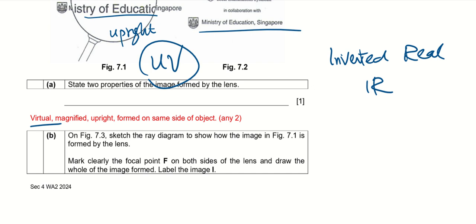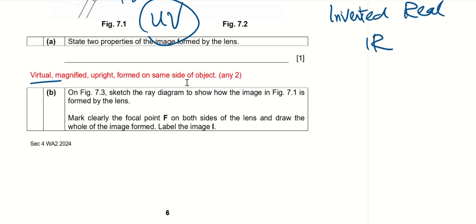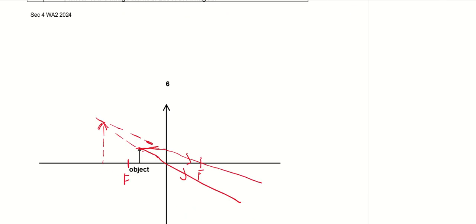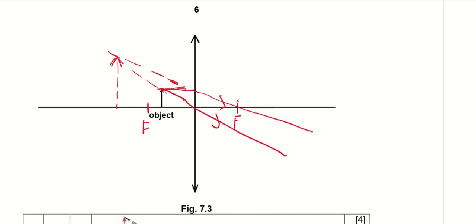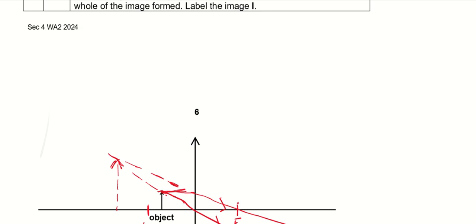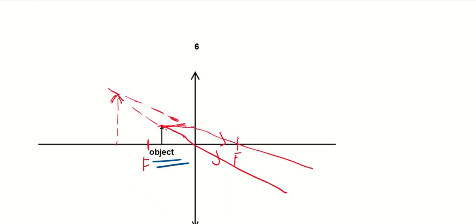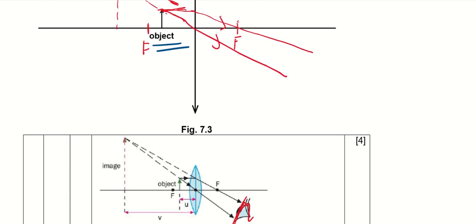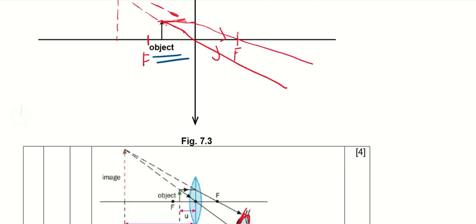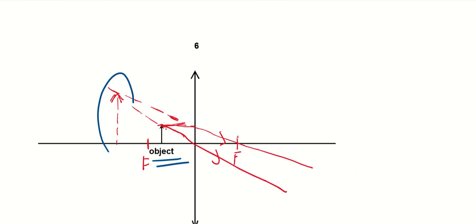Sketch the ray diagram to show how the image in figure 7.1 is formed by the lens. So for this sketching of the lens, what do they give us? They give us the object. Did they tell us anything else? Never, right? So it's free play, but you have to have the image on the same side, because if the image is on the same side as the object, then it will be upright and virtual.